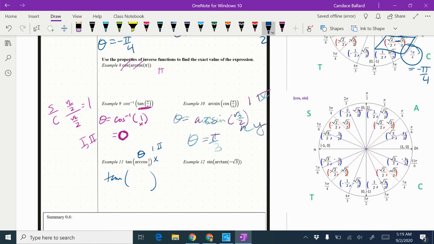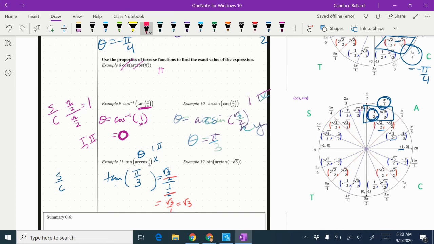There it is right there, so it's at pi over 3. Now I want to evaluate the tangent at pi over 3. Remember, tangent is sine divided by cosine. The sine is the y value, so I get square root of 3 over 2. Cosine is the x value, so divide by 1/2. We've seen this a bunch of times. The 2's cancel, so I'm just left with square root of 3 over 1, or just square root of 3.